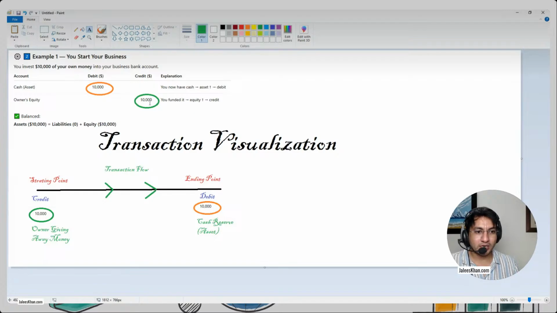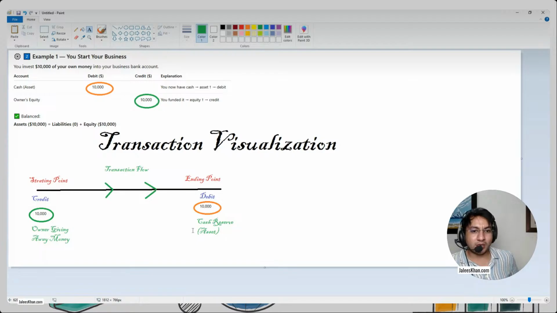The cash reserve is going to increase. So if we make this transaction in accounting, we say the owner giving away money is the starting point, and it comes in the credit side.